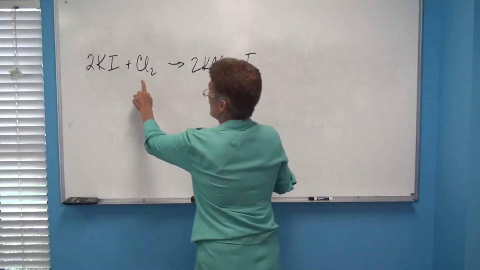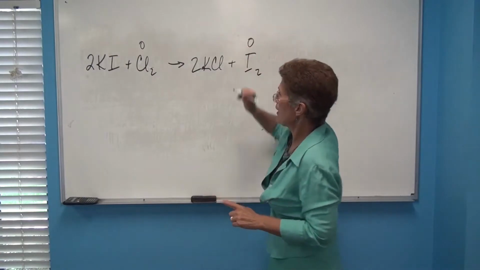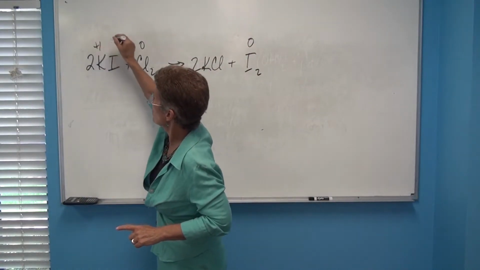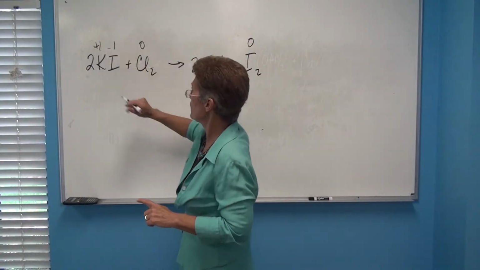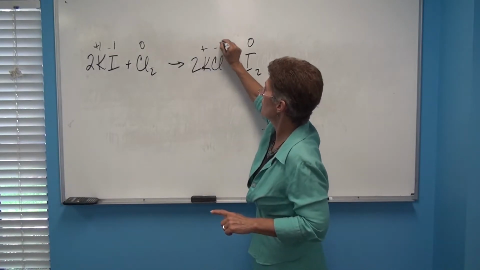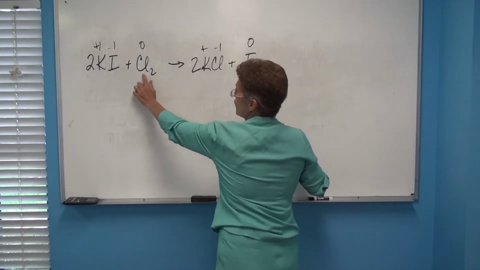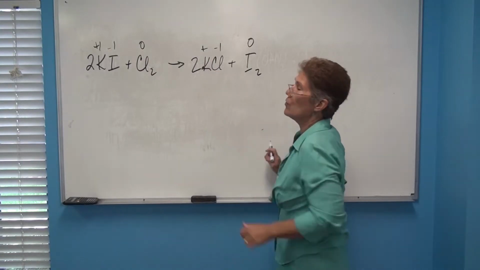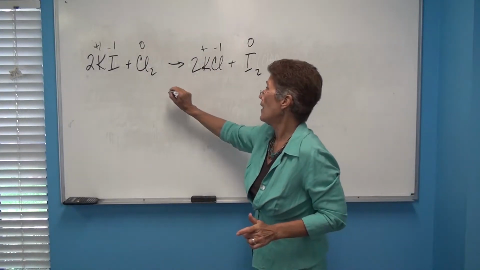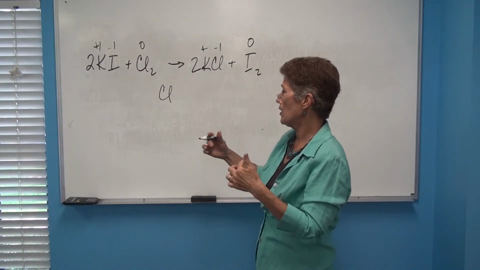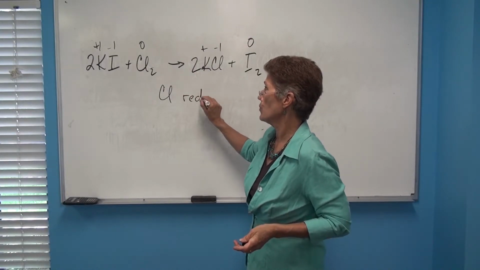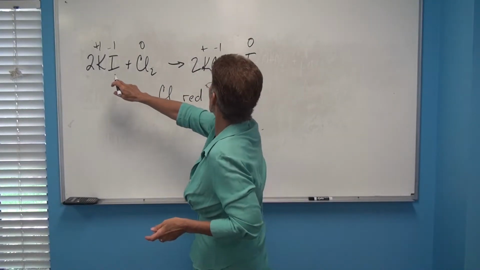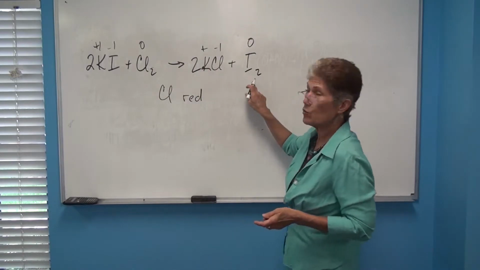Okay, this is going to have a 0. This is going to have a 0. This guy's going to have a plus 1 because it's a group 1 metal. This guy's a minus 1. This guy's a plus 1. This guy's a minus 1. Let's look. Chlorine goes from 0 to a minus 1, and therefore chlorine is receiving electrons. It is being reduced. The iodine went from a minus 1 to 0.